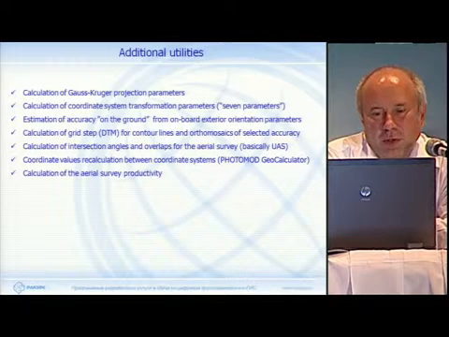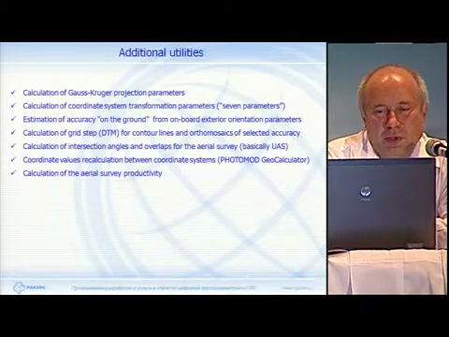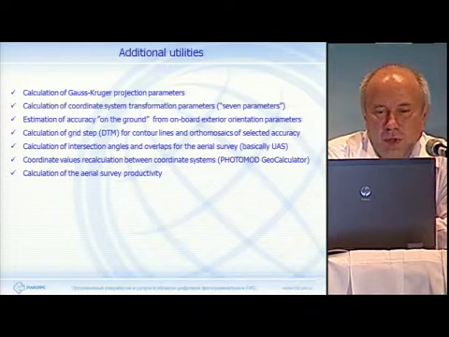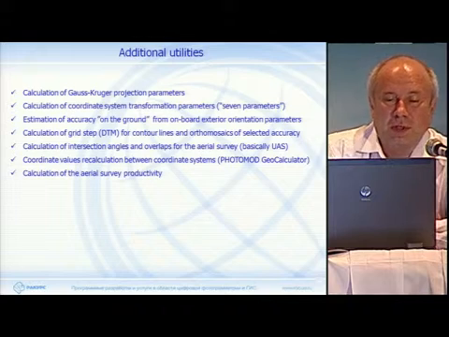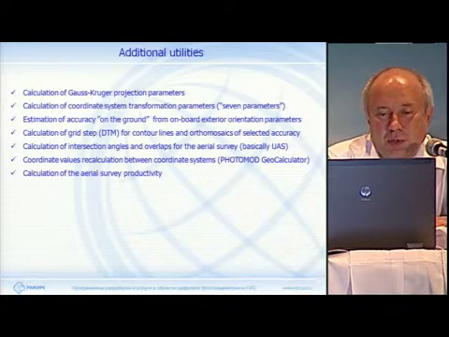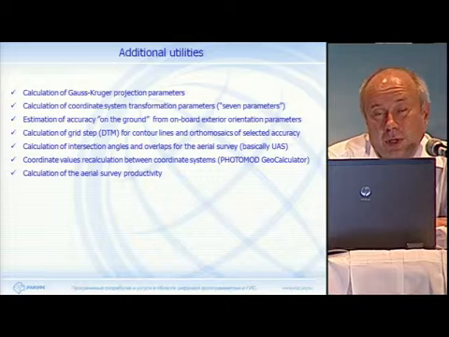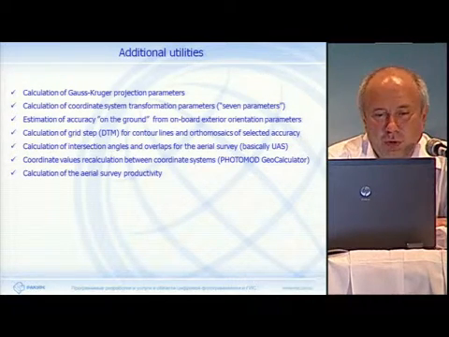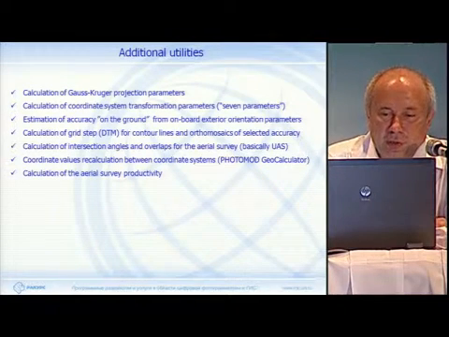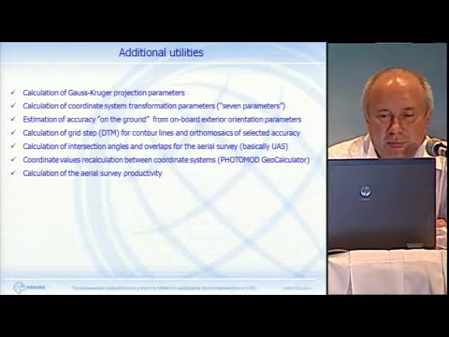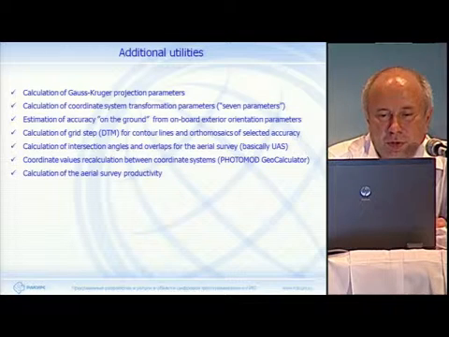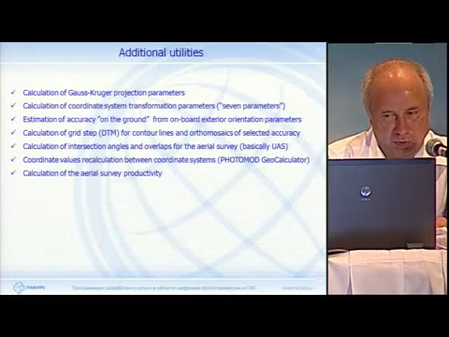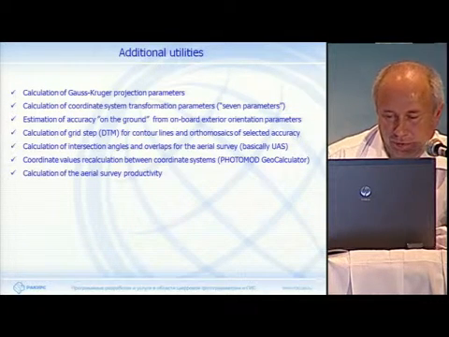First, the calculation of Gauss-Kruger projection parameters, calculation of coordinate system transformation parameters, estimation of accuracy on the ground from on-board exterior orientation parameters, calculation of grid step of DTM for contour lines and orthomosaics of selected accuracy, calculation of intersection angles and overlaps for the aerial survey, and coordinate values recalculation between coordinate systems.